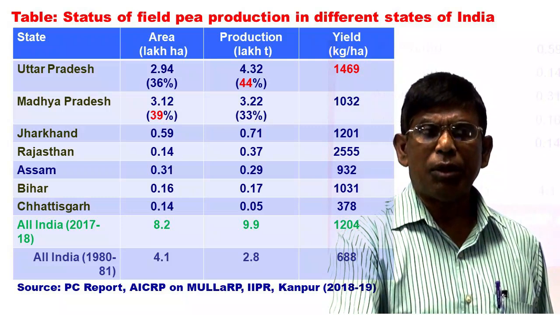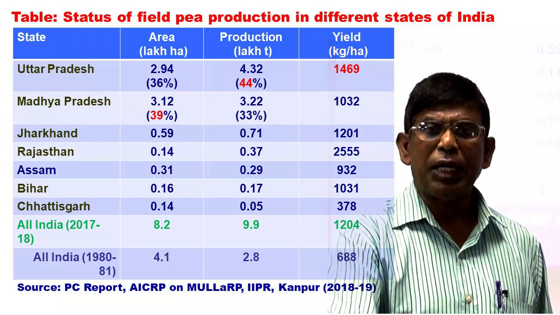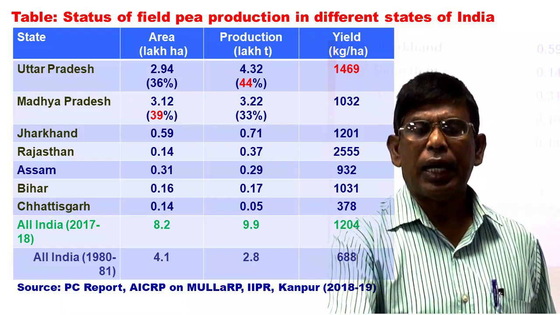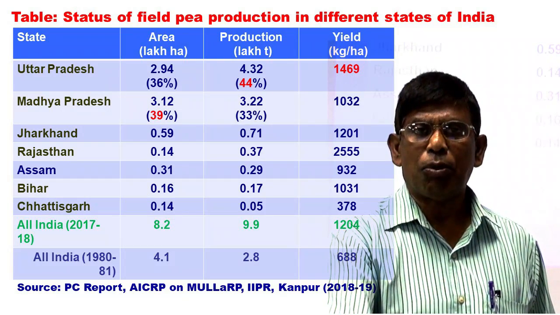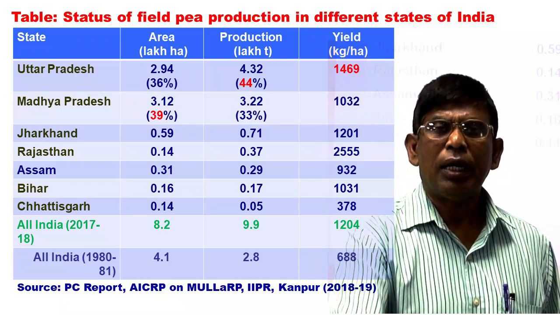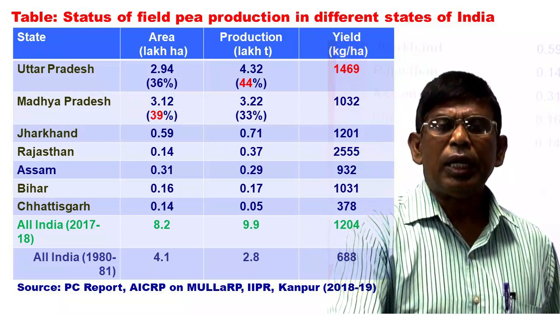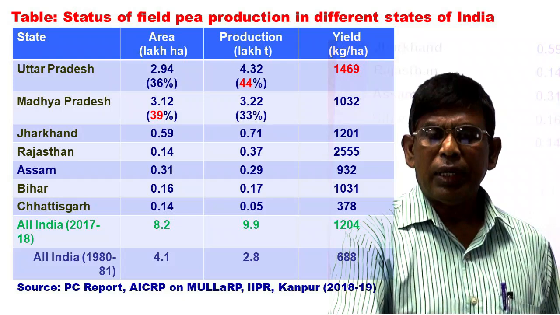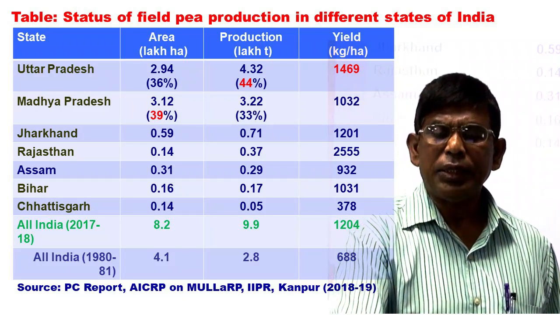If you see the all India figure, total acreage under field pea is 8.2 lakh hectare. Production is 9.9 lakh ton with an average yield of 1204 kg per hectare. If you see the earlier area in 1981, only 4.1 lakh hectare was cultivated under field pea, which is just half of the present acreage.